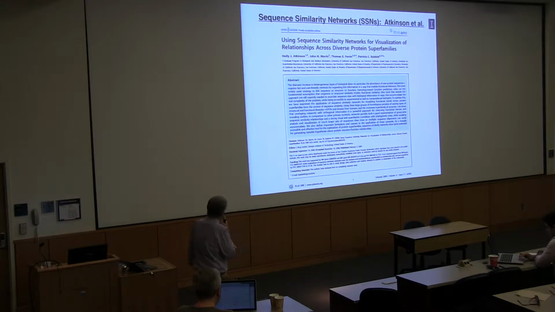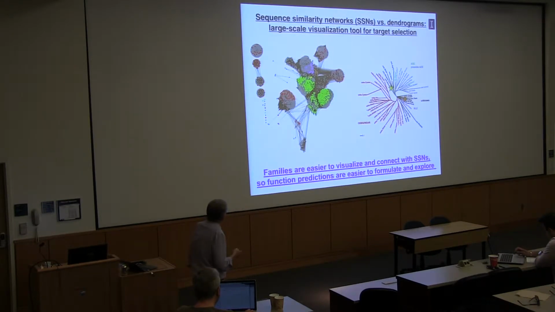Okay, so the EFI EST tool. As I told you, Patsy Babbitt popularized within the enzymology community these protein sequence similarity networks for visualizing sequence function space in entire protein families. This is a slide that I stole from Patsy.